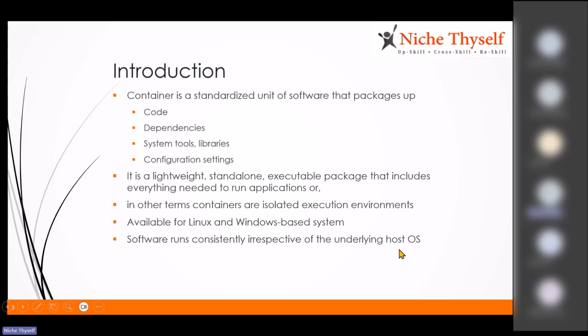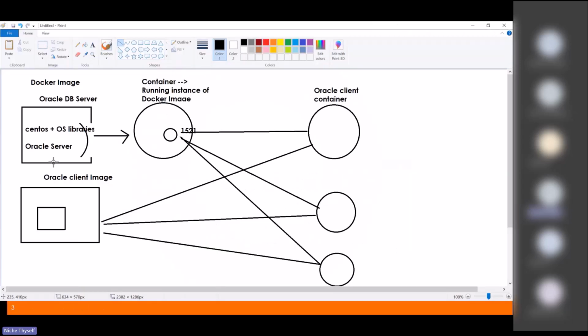Right now, in this case, we have a container of CentOS, but the same Oracle server can be installed or created with RHEL Linux. It can be created with the Ubuntu Xenial operating system. So that is possible. At that point in time, I would have three different images of Oracle server. So Oracle 10, let's assume that.